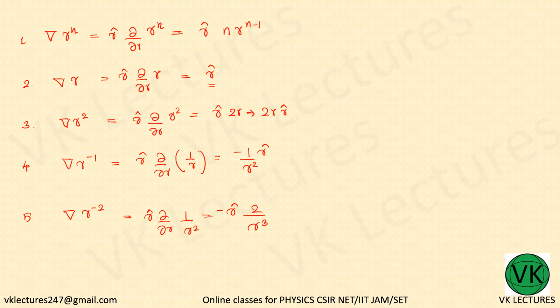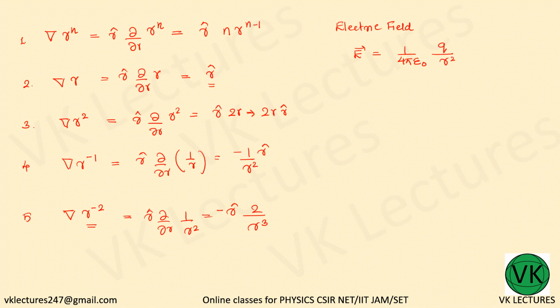Now this is where 1 by r square appears, for example, in the electric field. We write the electric field E is equal to 1 by 4 pi epsilon naught, q divided by r square.